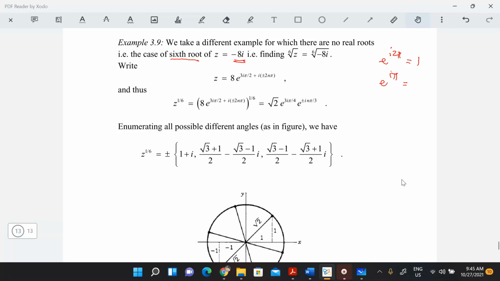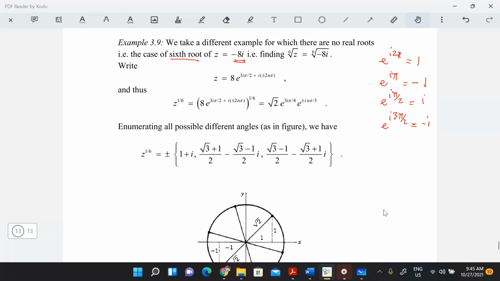Nobody? You should memorize this, please. Cos pi is minus 1. Then exponential i pi over 2 should be i, and exponential i 3 pi over 2 should be minus i. So these are the 4 special polar forms that you need to remember.